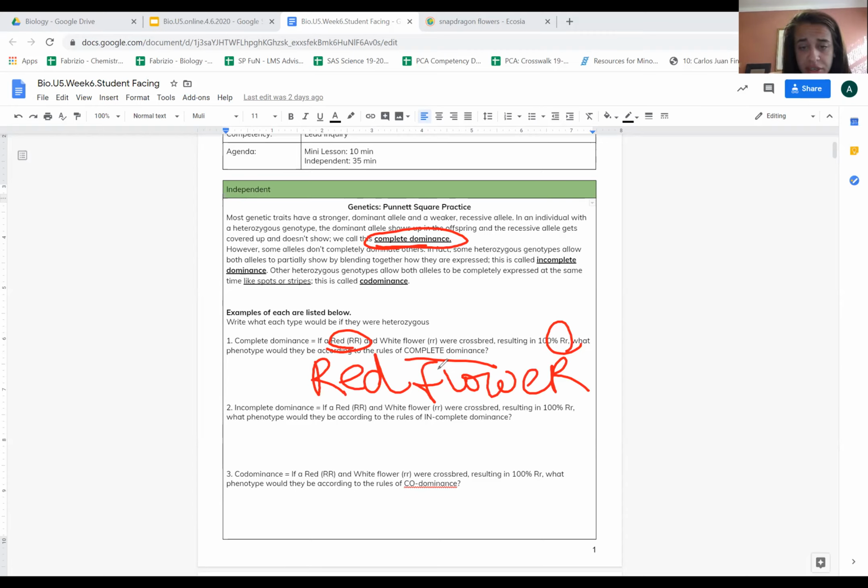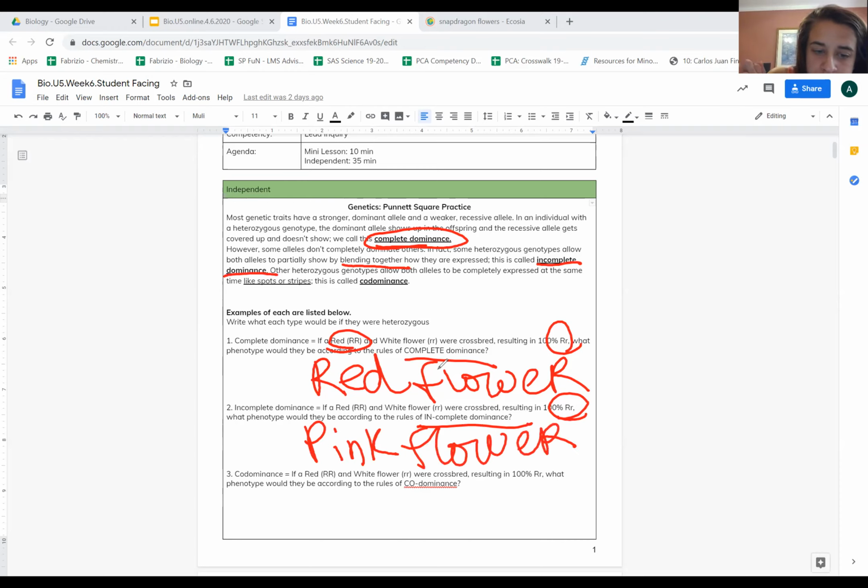Incomplete dominance, so if we have, again, big R, little r, and incomplete dominance. Incomplete dominance means that they're blending together. So if it's a red flower and a white flower, we would have a pink flower because it's a blending together for incomplete dominance. And then finally, if we have codominance, remember codominance, we have stripes or spots.